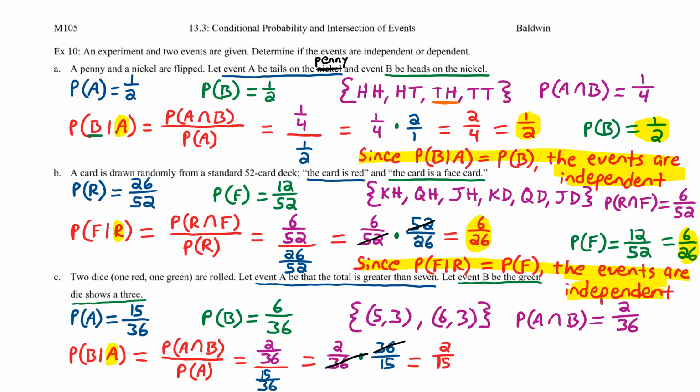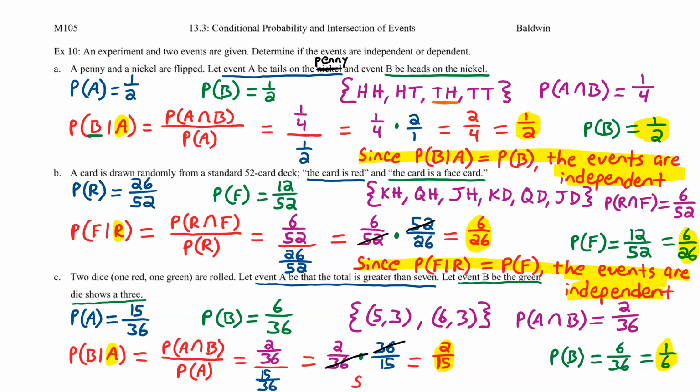So we said we were comparing this to the probability of event B, which is 6 over 36. And so when we compare those two, even if we were to simplify 6 over 36, that simplifies to 1/6. 2 over 15 is as simplified as it's going to get. So we notice these do not equal each other.